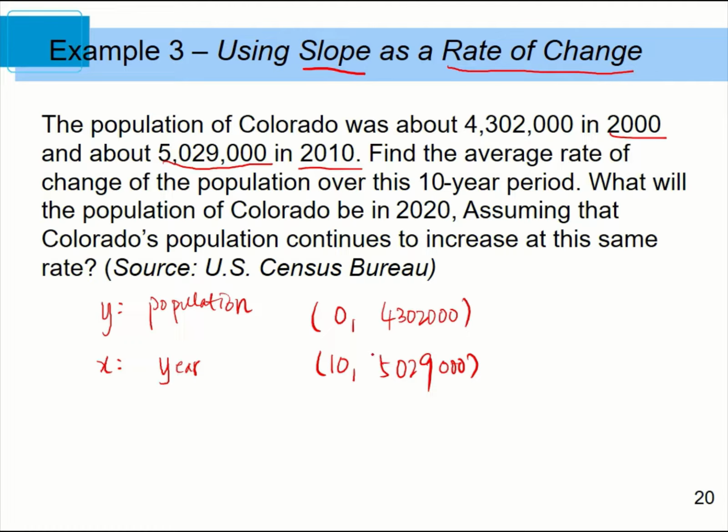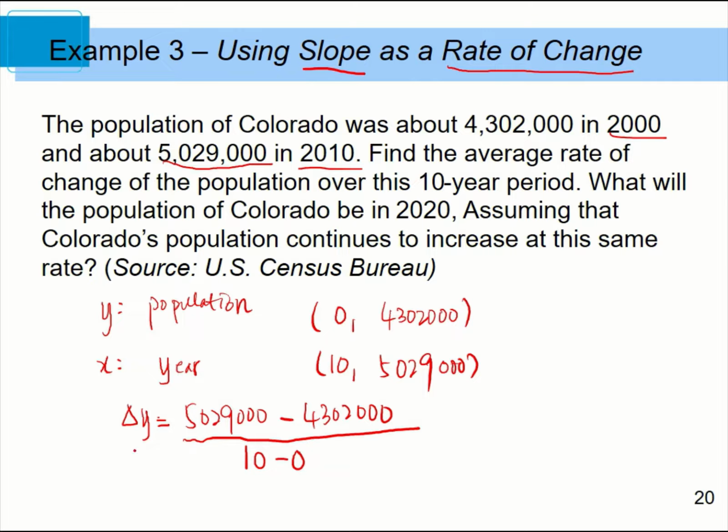And the difference of years will be 10 minus 0, so the difference is 10 years. So this is the difference of y, and this is the difference of x, which is 10 years.